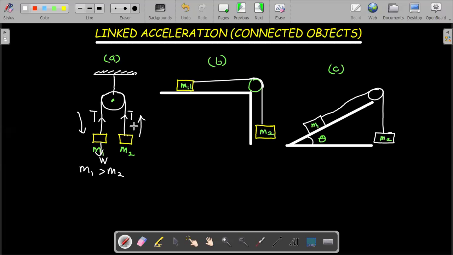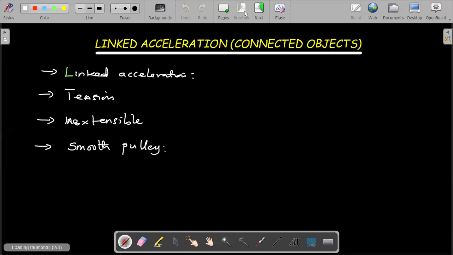There will not be loss of any force anywhere because the pulley is assumed to be frictionless. So there's no force lost due to frictional force.